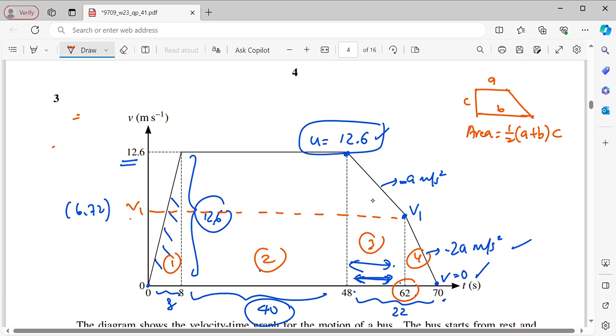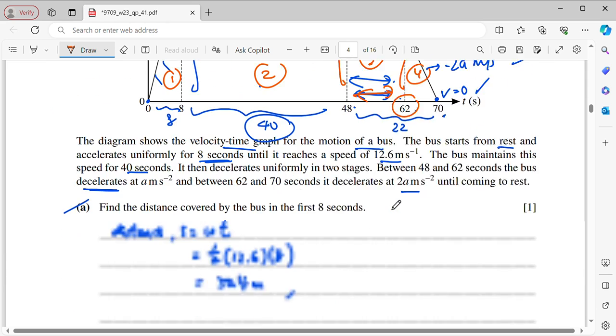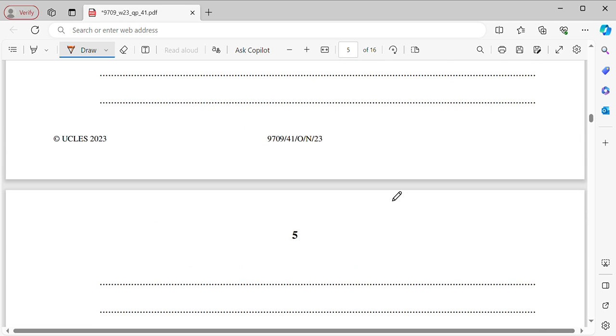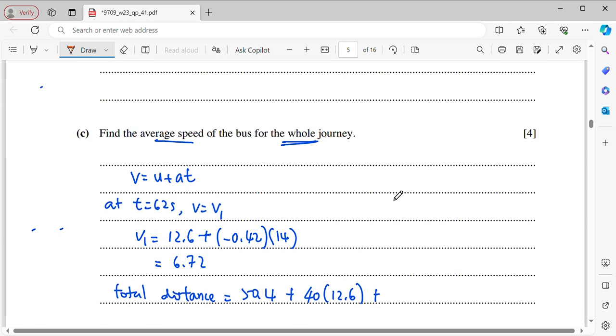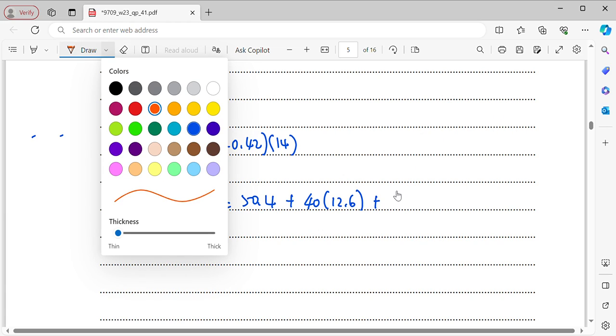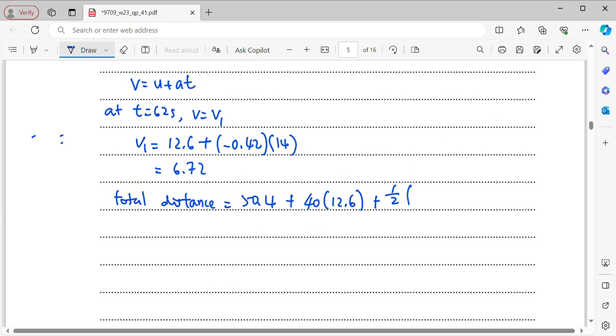So half of A plus B times C. So here, this is 12.6, and this side is 6.72, and then you multiply with the distance, 62 minus 48. So I will just write half of 12.6 plus 6.72, then you multiply with 14.